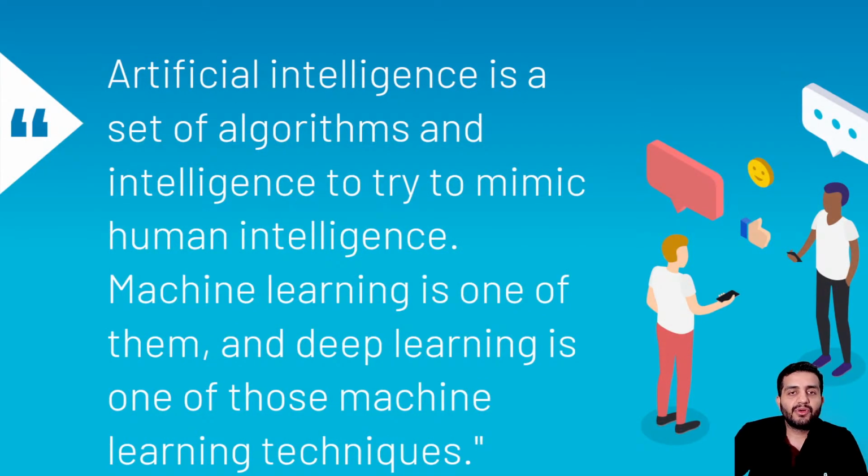So we already discussed this in our last class. Artificial intelligence is a set of algorithms. AI is nothing but a set of rules or algorithms that try to mimic human intelligence. The objective of AI is to mimic human intelligence.